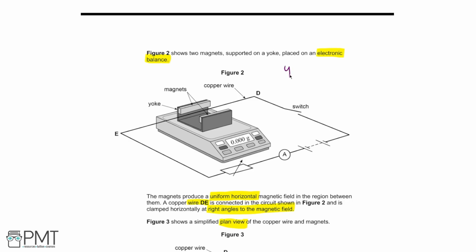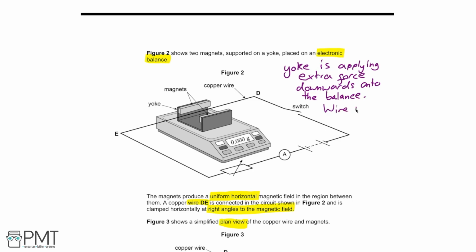Therefore, it means that the yoke is applying extra force downwards onto the balance. At this point, we should also note that the wire must feel a force, since it's a current within a magnetic field.